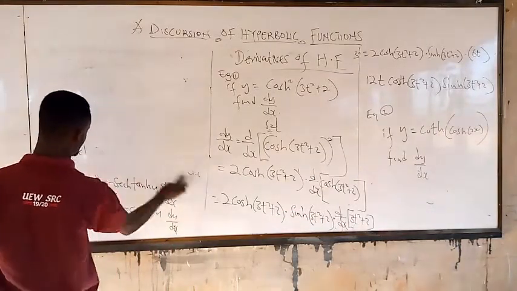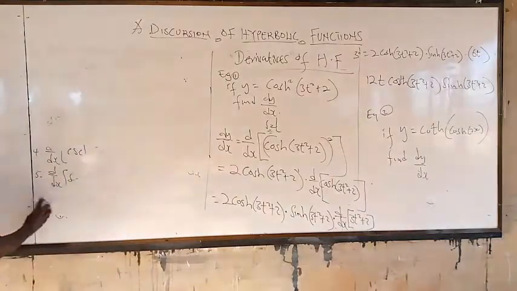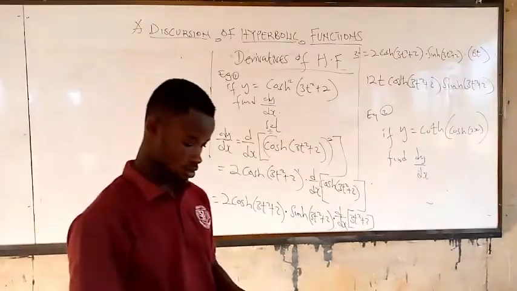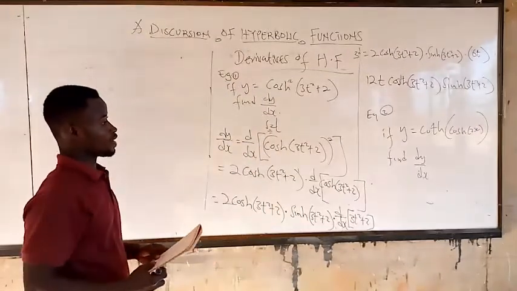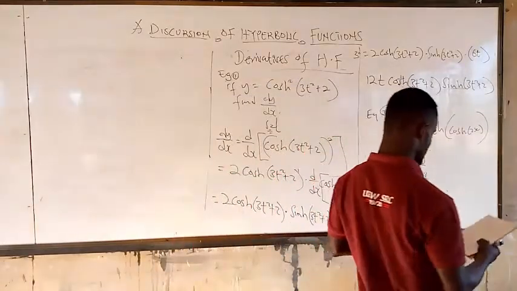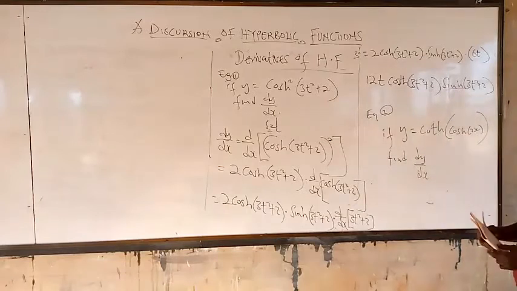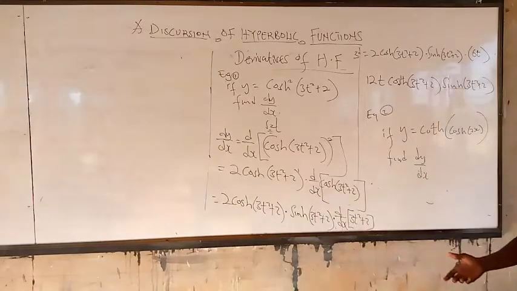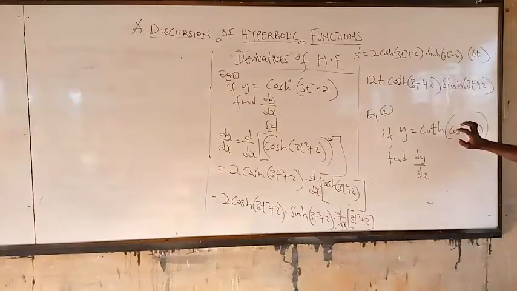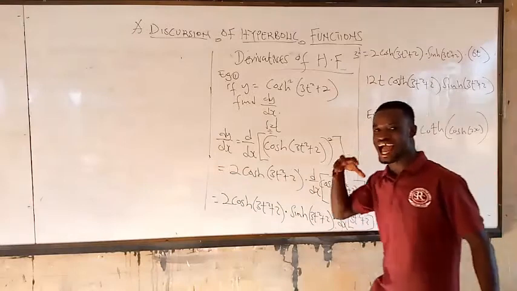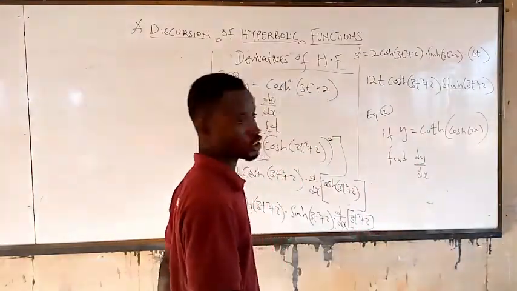Let me assist you some more in that question. What we have here, you may be thinking it's a product, but unfortunately it's not. The reason is that the cos 2x we have here, the whole of what we have here, is the angle representing cot.